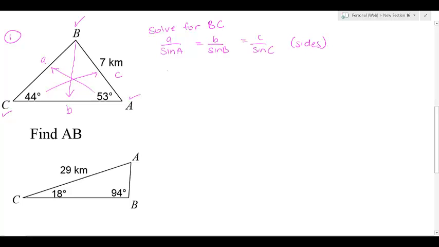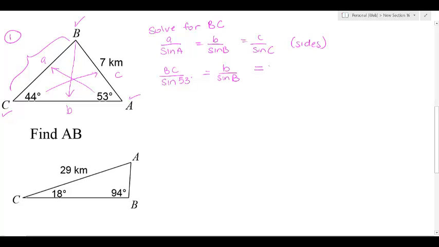Our a becomes BC, because that's what we're solving for, and we change uppercase A to 53 degrees. We'll keep b as is because b has no information, and we'll keep sine B as is.